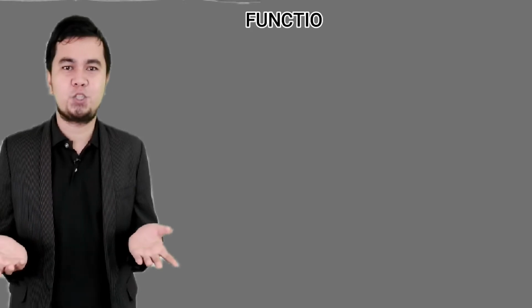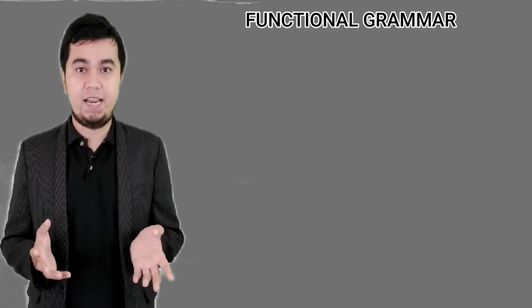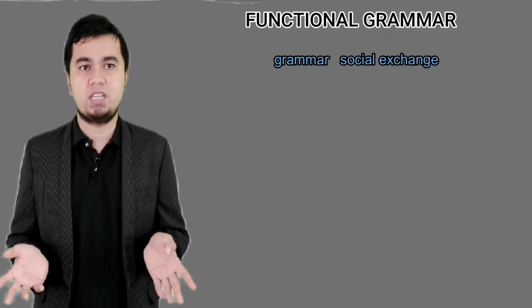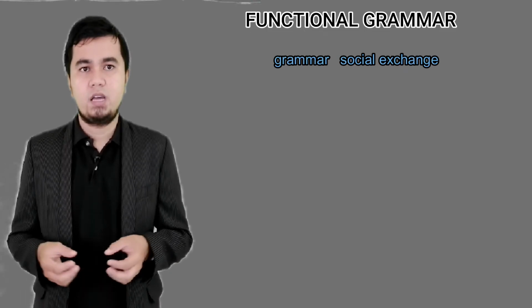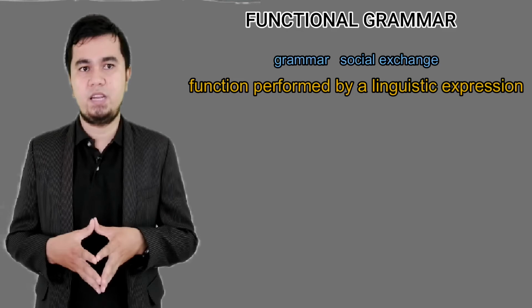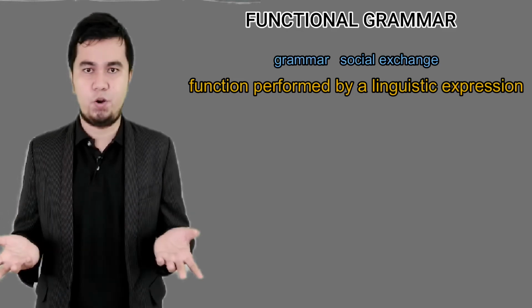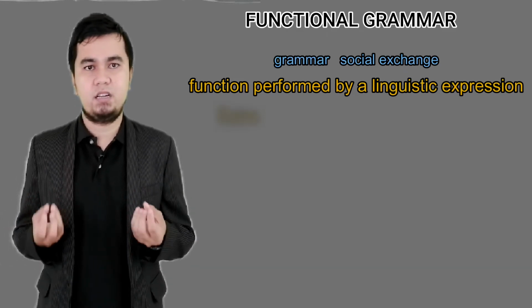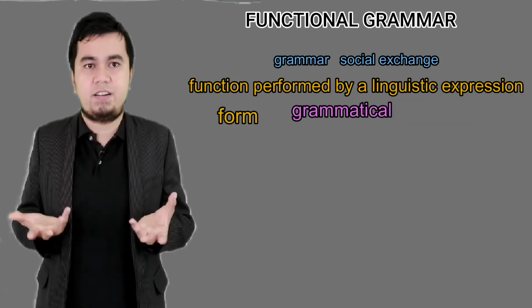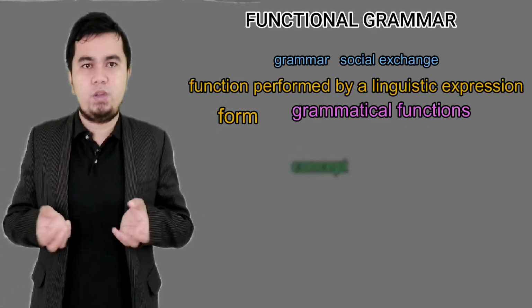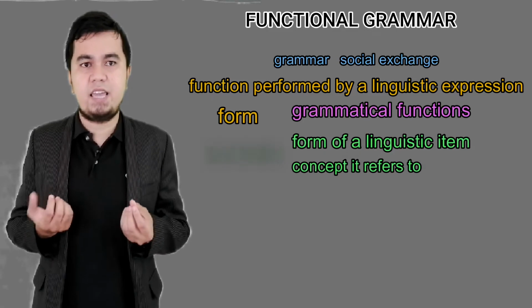When we say functional grammar, this is another model of grammar as a medium of social exchange. So, in here, we concentrate more on the function performed by the linguistic expression than its form. Alright? So, we interpret grammatical forms in terms of grammatical functions. The relationship between form and function is perceived as iconic.